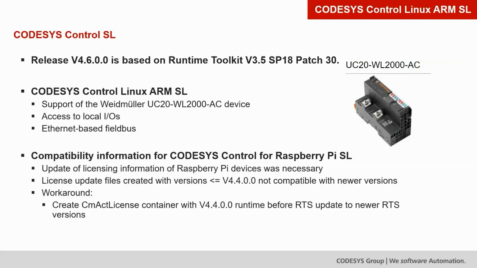So if you have one of these update files, you need to do a workaround. That means you have to create the license container with a runtime system before version 4.4, and then you can update to a newer runtime system. So you have to do a step in between when you do an update, or you have to do 2 steps to update the runtime system to reuse the older license update files.